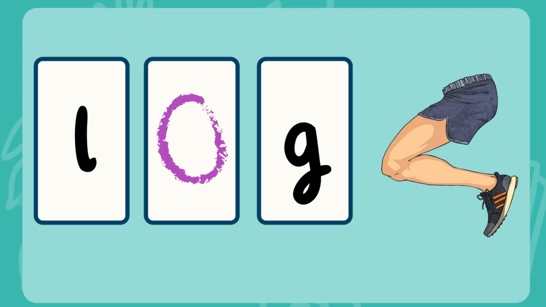It's the letter E. The letter E makes the sound, which completes our word. Let's blend this word out together. Ready? L-eg. Leg. Nice blending. Let's move on to our next word.